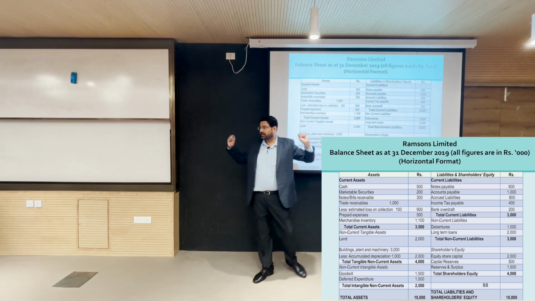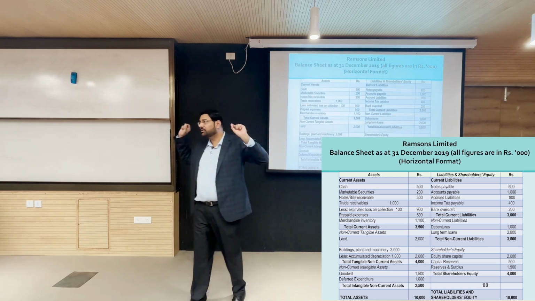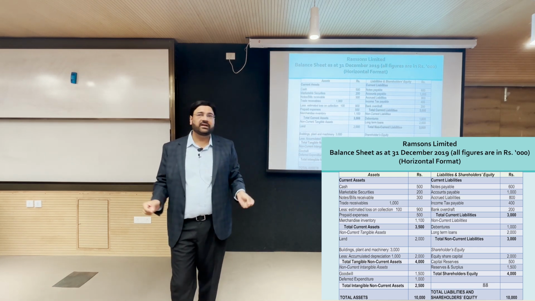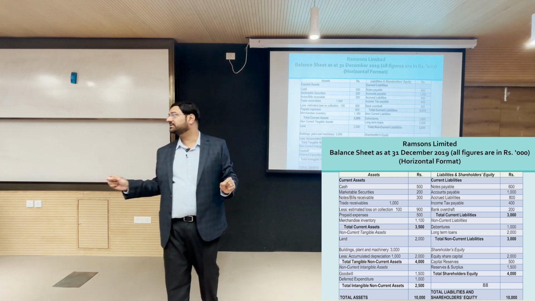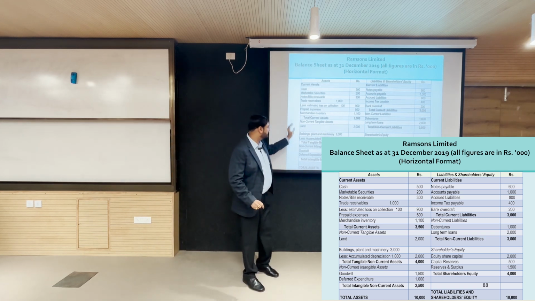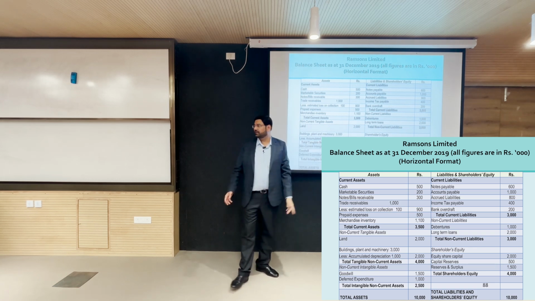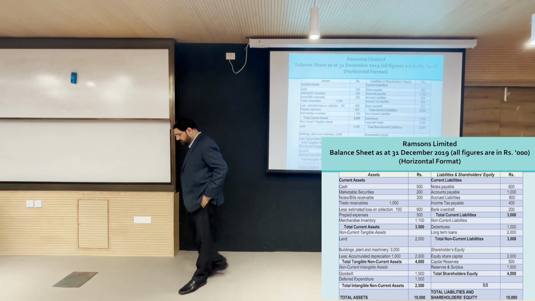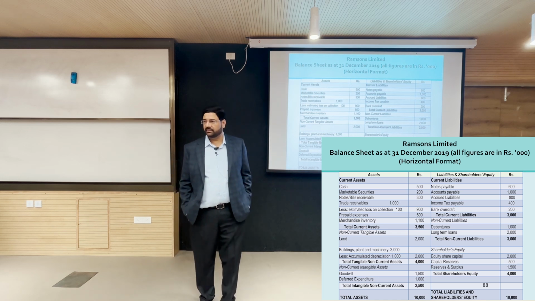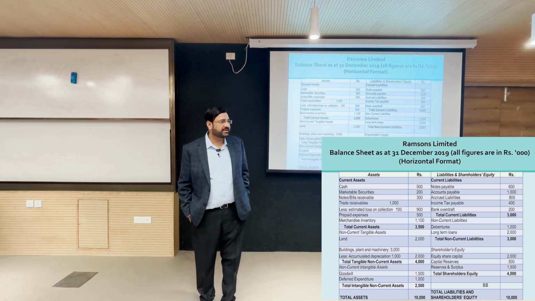So, this prepaid expense is that part. The expired portion of insurance goes to profit and loss account. The unexpired portion of insurance goes to balance sheet as asset, current asset. Inventory, we already know inventory. If you are a manufacturing company versus if you are a trading company.